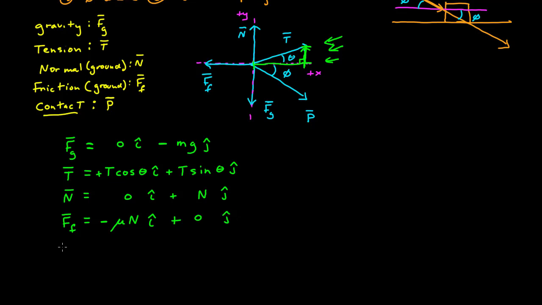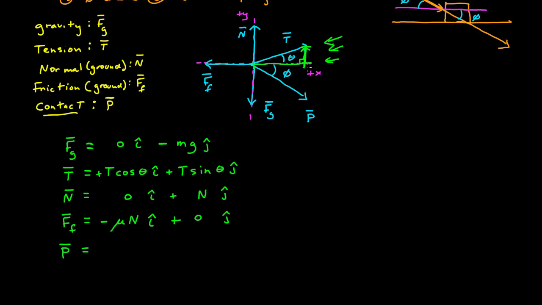And finally, I have this final contact force, the push force that I just identified with a P. It's just another contact force. Now it has components along the x and the y. So I have to do the same thing again.